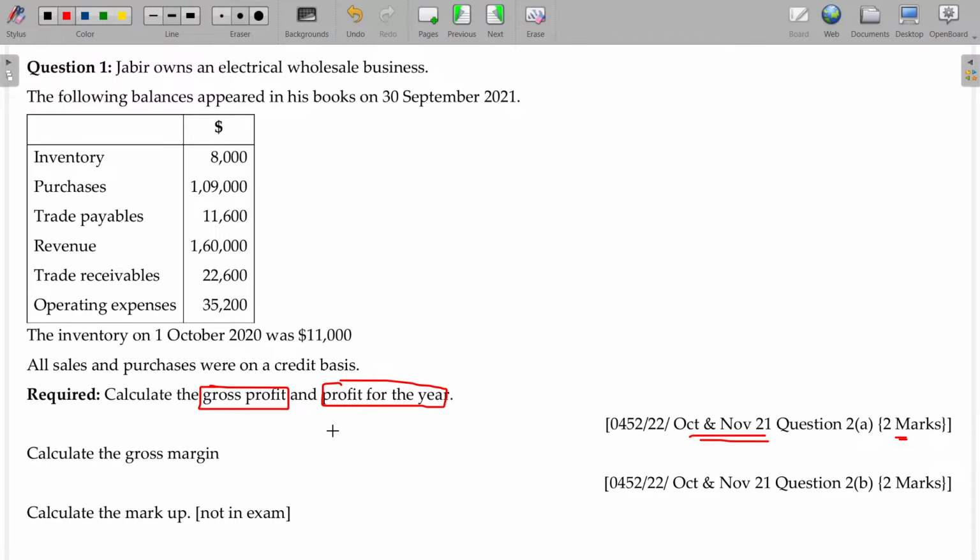So this is nothing but the income statement. As you know, in the income statement, we start with revenue, less sales returns, and from there you have to subtract cost of sales. Under cost of sales, we start with opening inventory and purchases.